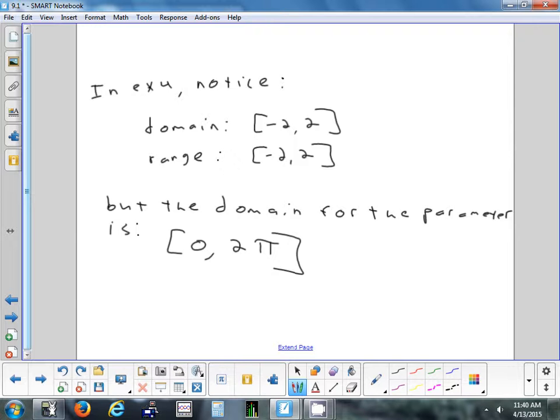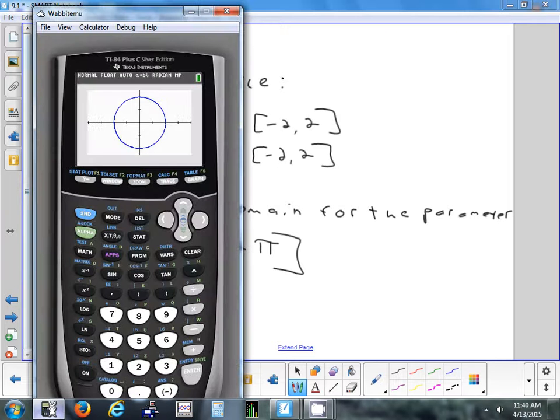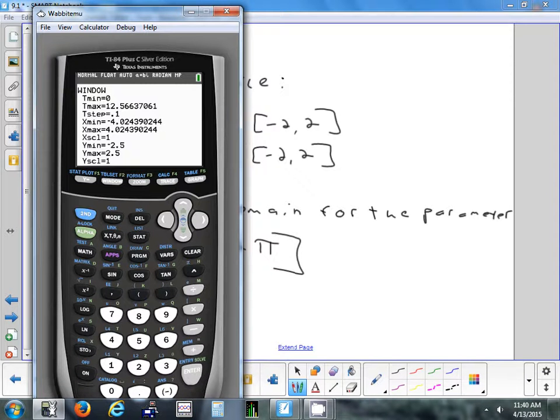What happens in the sine and cosine function if you go beyond 2 pi? It starts over. So let's say you go 0 to 4 pi. What's going to happen is this is going to draw the circle, and it's going to trace over itself. You might see it, you might not.